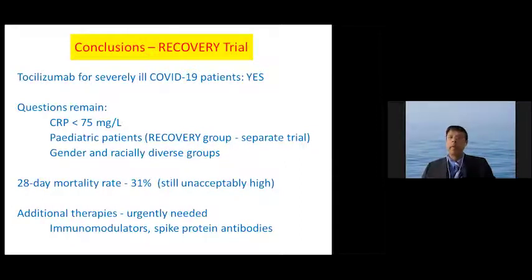We have to remember that the 28-day mortality is still 31%. It's still unacceptably high. Because of this, additional therapies are urgently needed, including other immunomodulators and spike protein antibody. And these studies are ongoing at the present moment. So it's an important advance, but we do need other advances coming on.